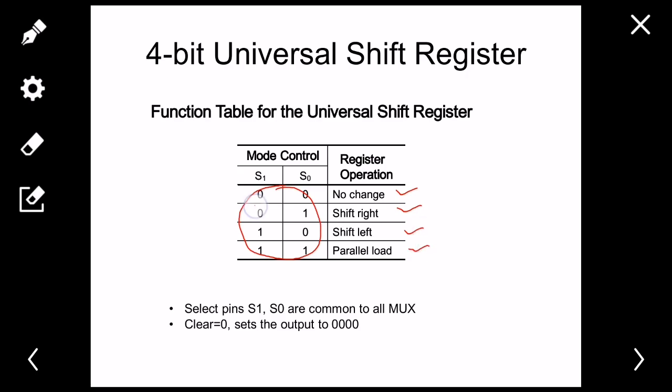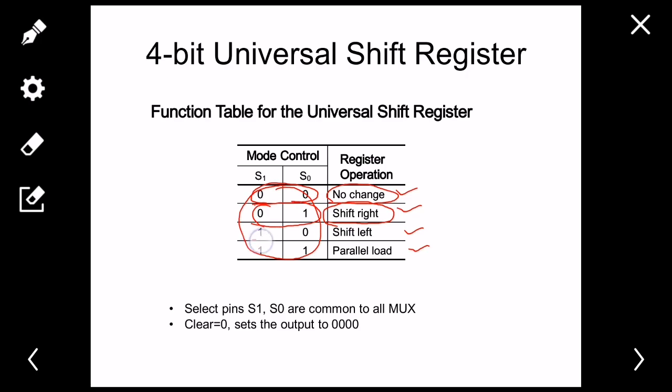When I give an input of 0 0, the register operation will be nothing, no change, so the current output will remain unchanged. When I give 0 1 as input to the mode control, the register will shift the data towards the right, so it will act as a right shift register.